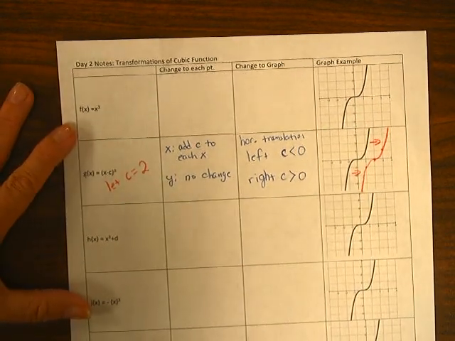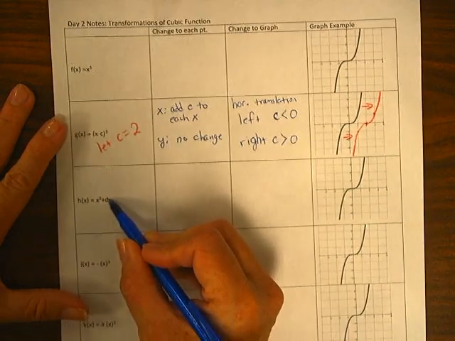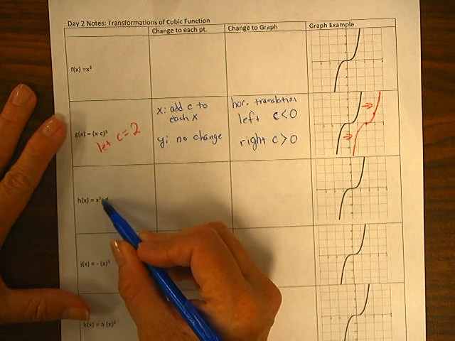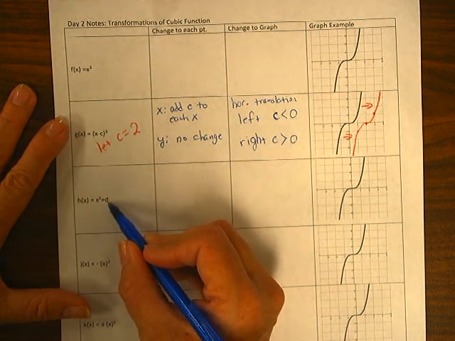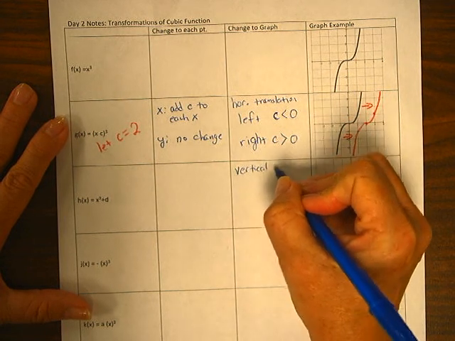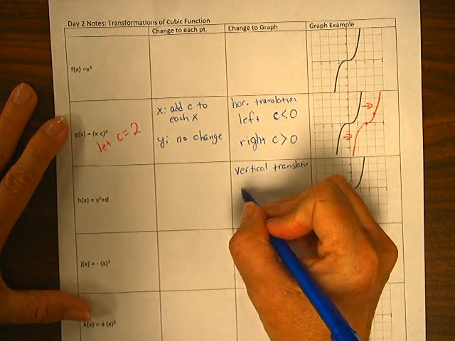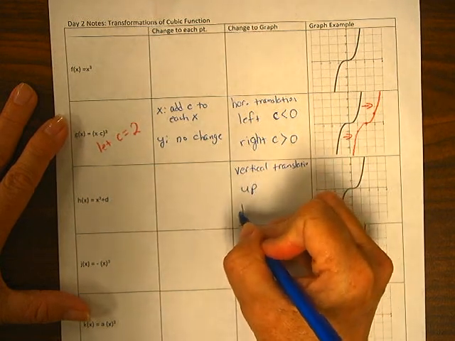Okay, so again, that's somewhat familiar. D, so this is outside parentheses or outside what the function does. It's always at the end. This takes care of our vertical translations. So commonly we would say it moves up or it moves down.